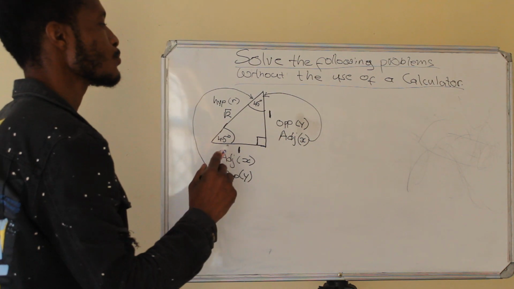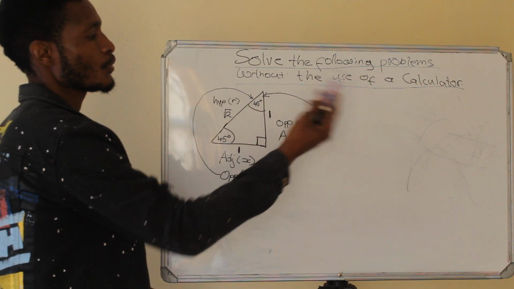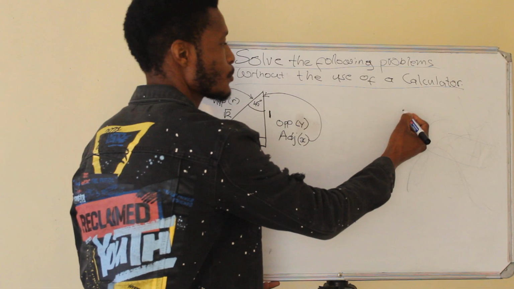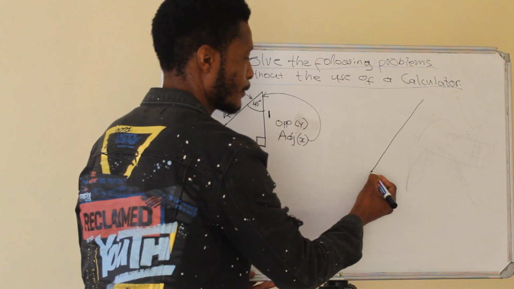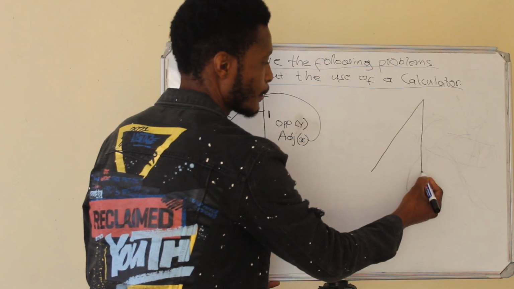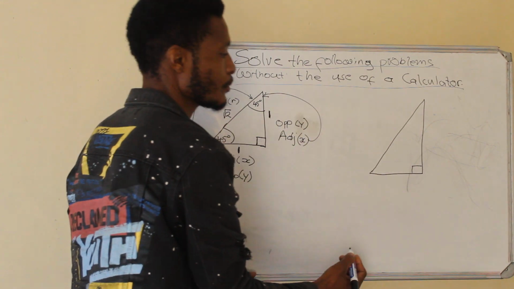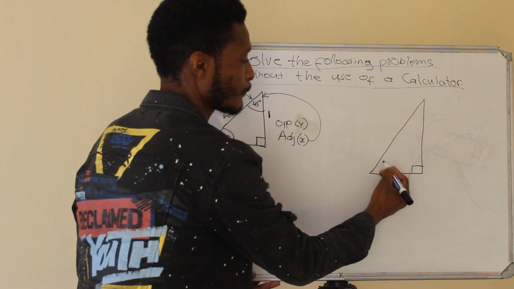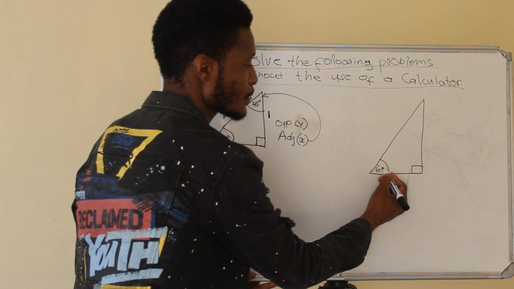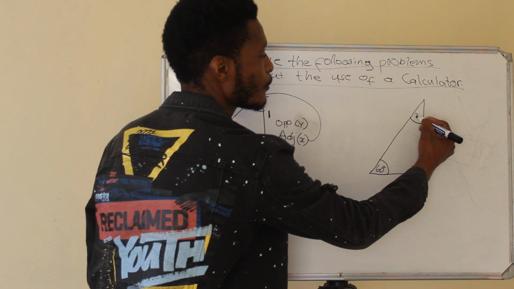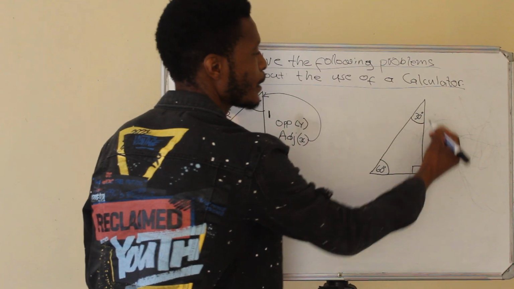Now let's go to the other triangle, which is the triangle having the 90-degree box there. That would be your 60-degree angle, and that being your 30 degrees angle.